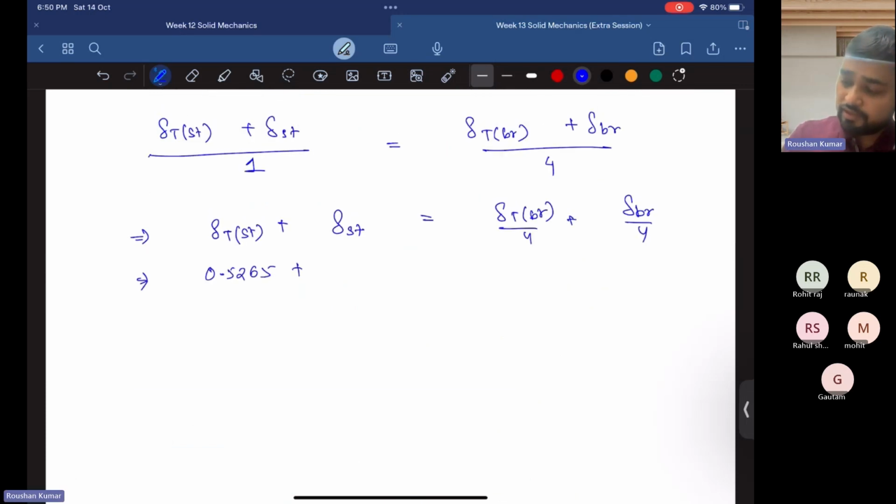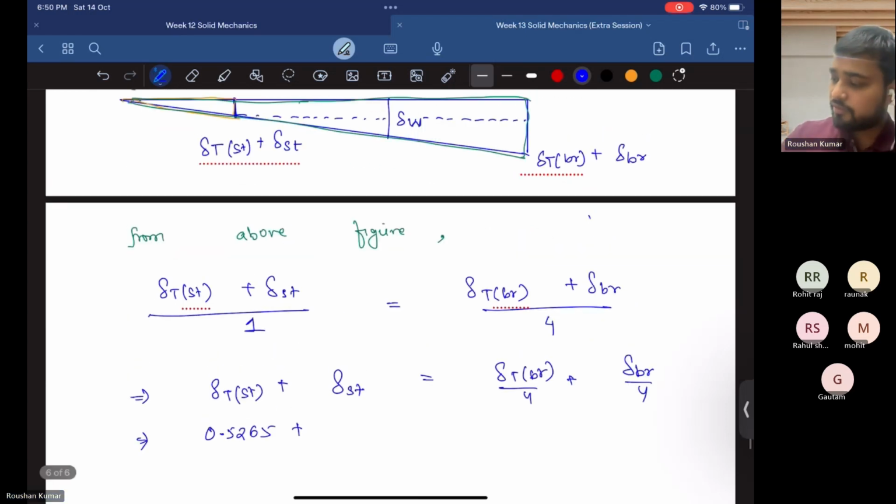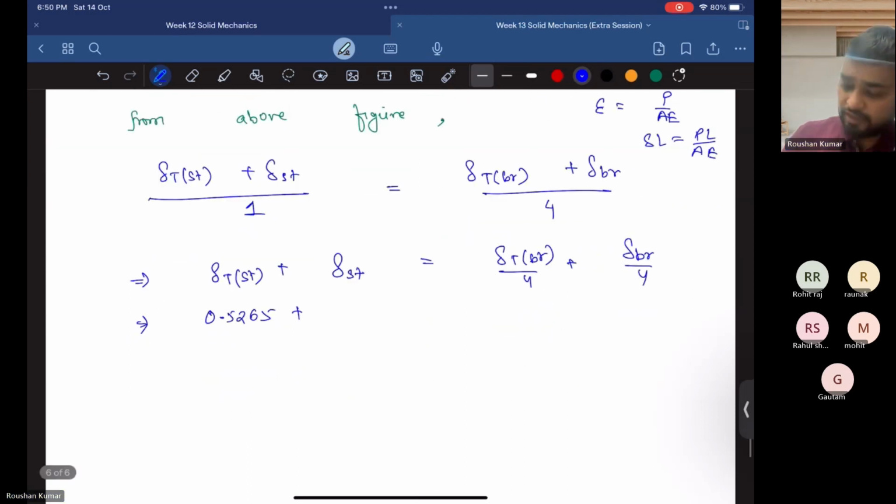So 0.5265 plus delta of steel due to the load, due to the elastic property, is given by PL upon AE, because we know strain is given by stress upon E. So delta L is given by PL upon AE. Using that concept, we are writing here: P upon A is nothing but sigma, the stress in the steel.